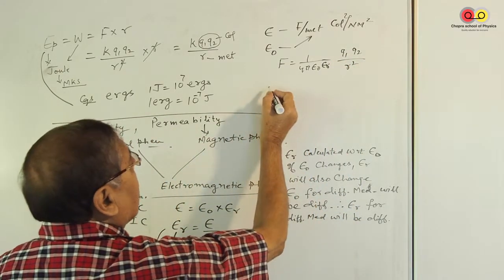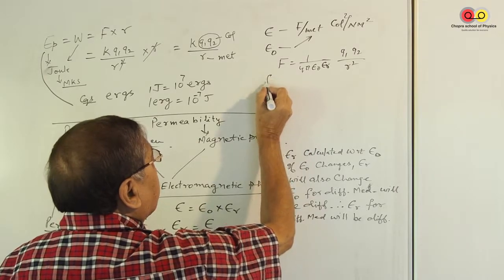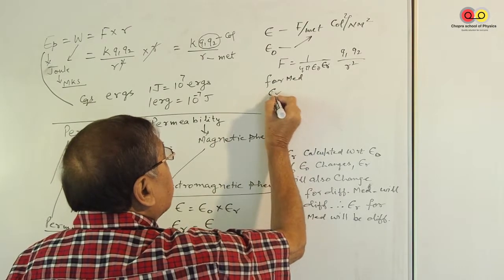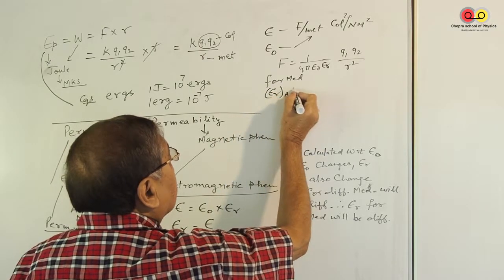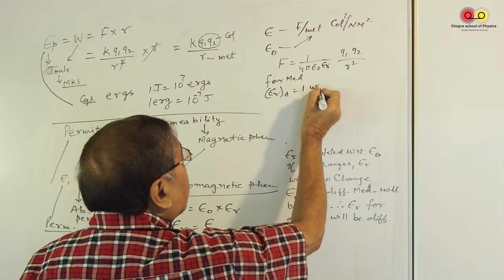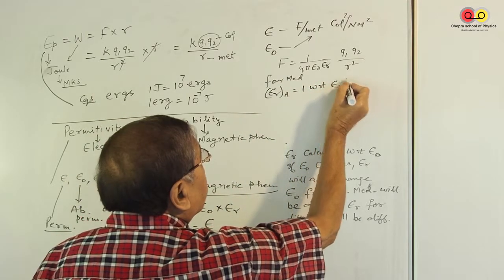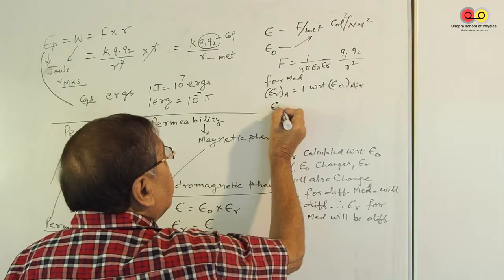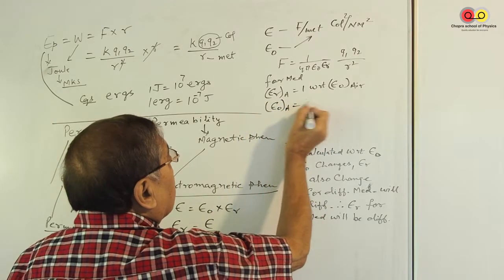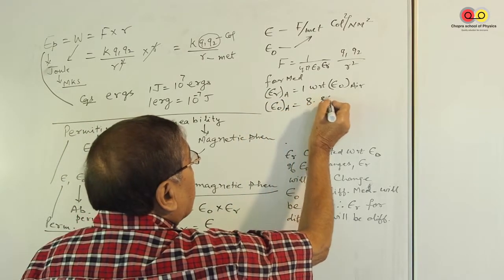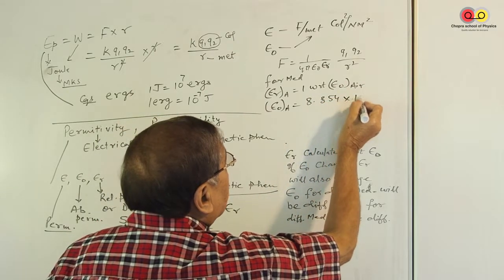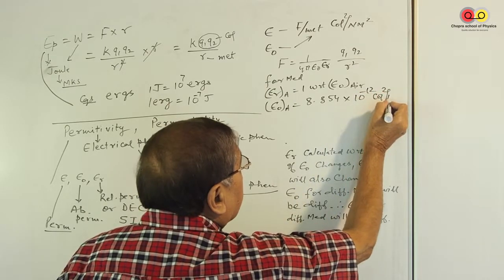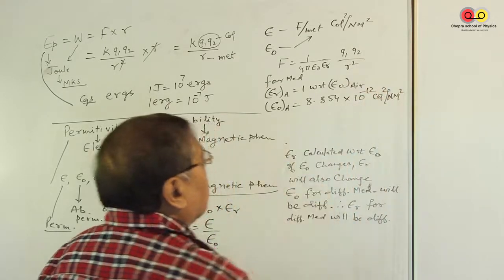Now we will say that for air medium, relative permittivity of air is 1, with respect to absolute permittivity of air. And absolute permittivity of air is 8.854 into 10 to the power minus 12 Coulomb square per Newton meter square.